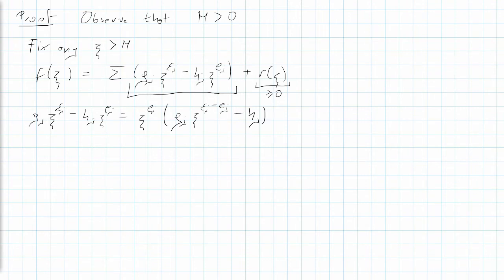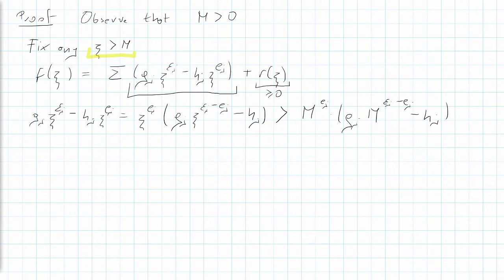And now we know that xi is strictly greater than m. So this whole expression is greater than m^ej times gj m^(εj minus ej) minus hj.